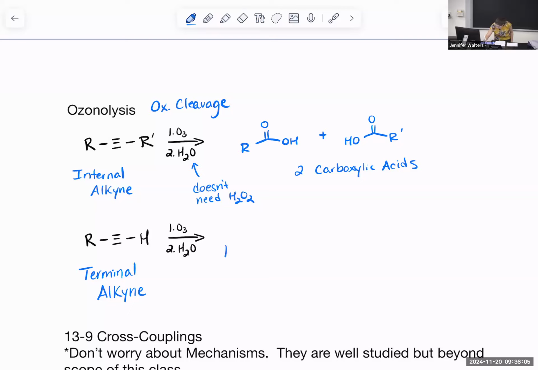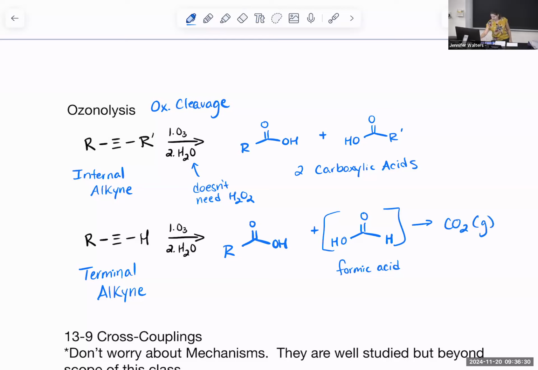We will only see the one carboxylic acid because the other product, that formic acid, is going to continue to get oxidized under ozonolysis conditions to become carbon dioxide gas.